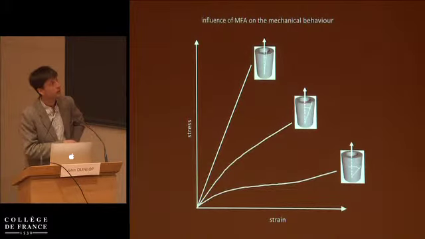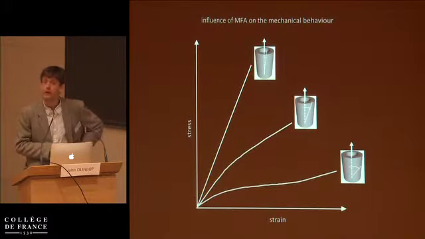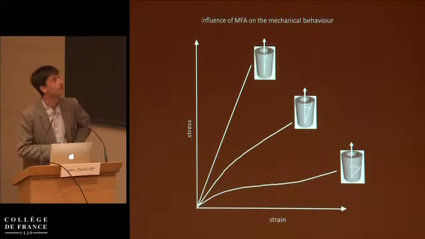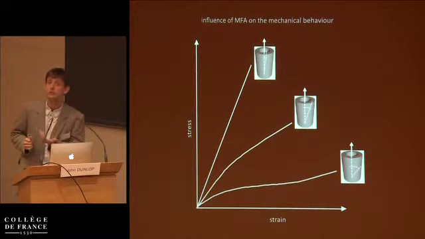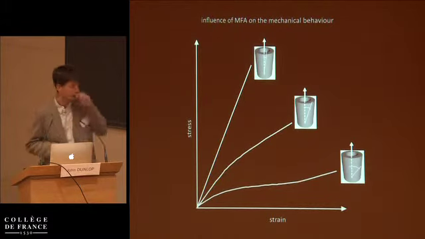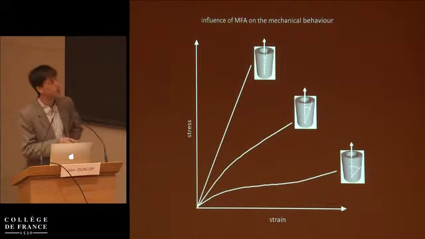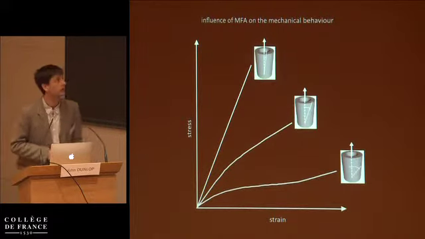If your fibers are now oriented at an angle and wound around the cell, you can imagine that the matrix in between the fibers is going to be more loaded. And that's going to have the consequence, of course, that it's going to be softer. And if you go to larger and larger angles, you would expect to have even more flexible and soft materials.